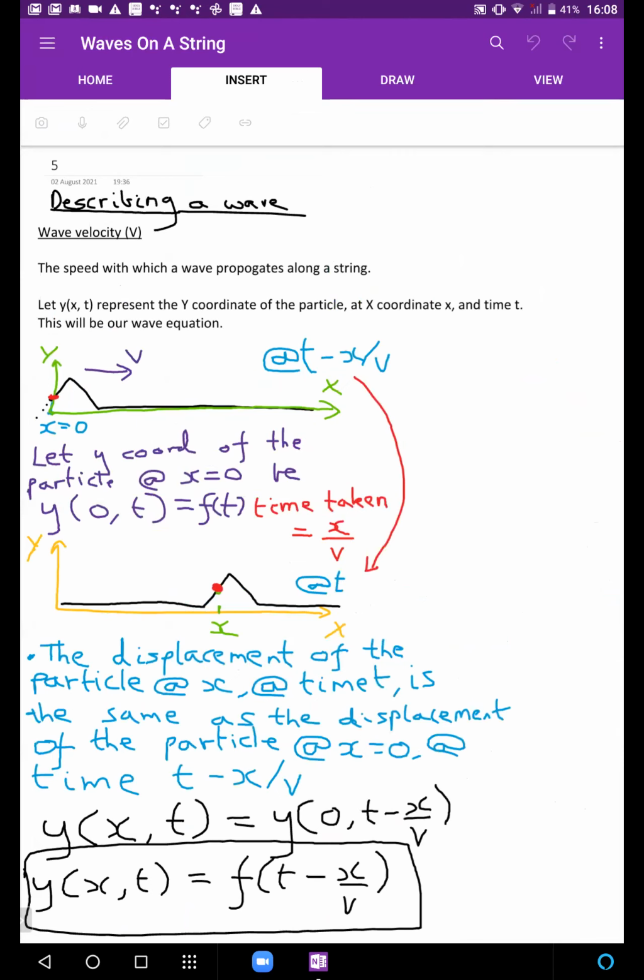Wave equation, I think this was a bit important.